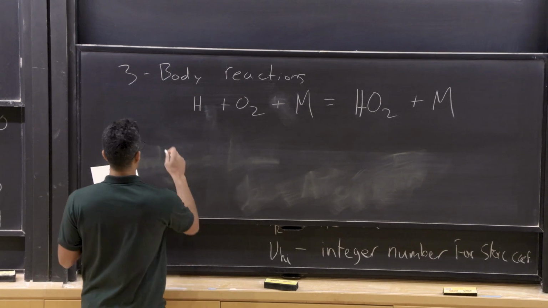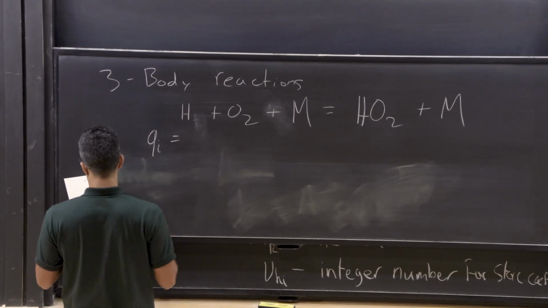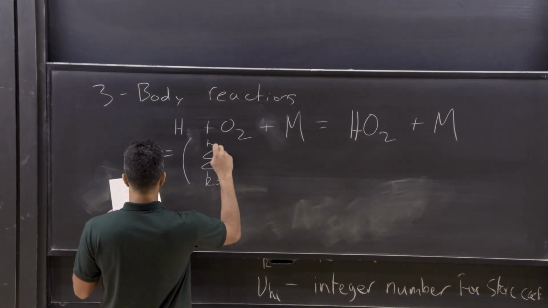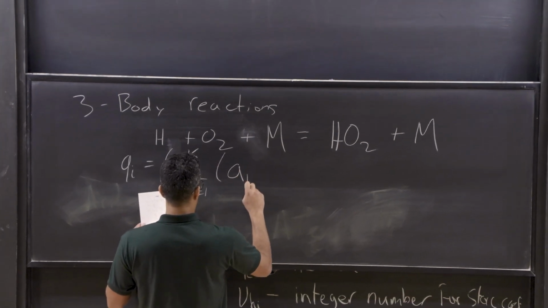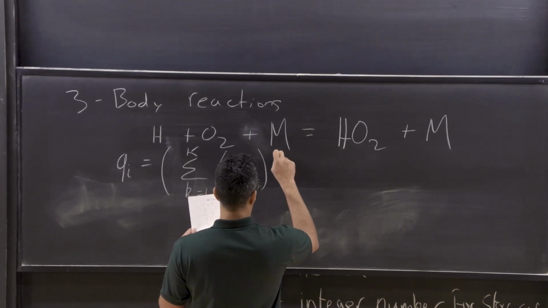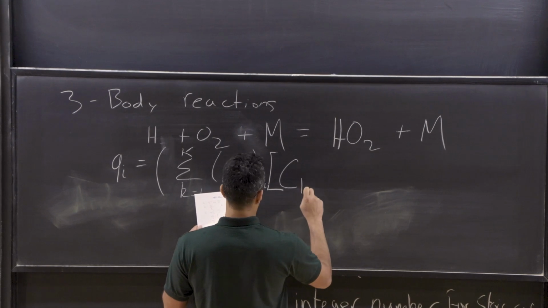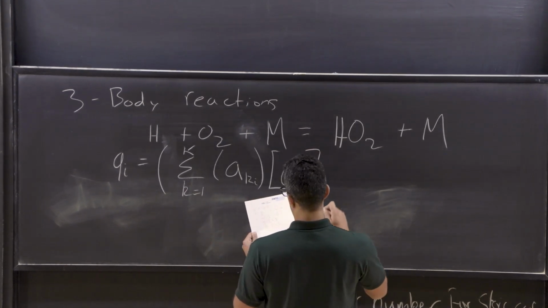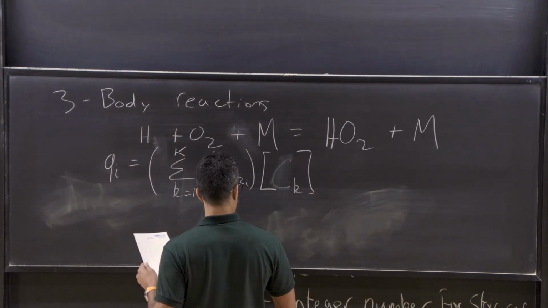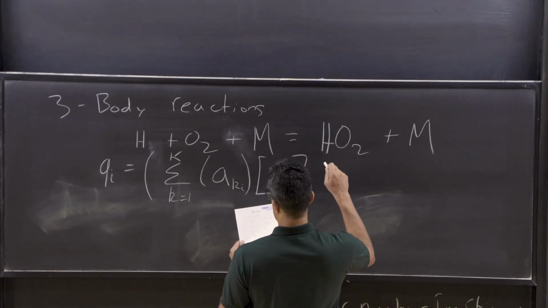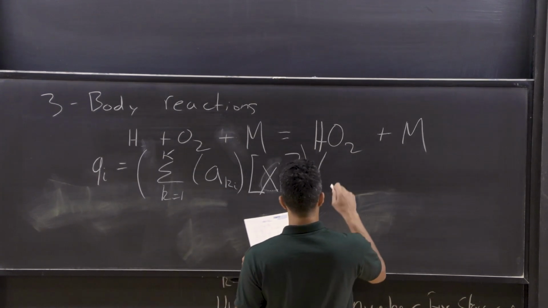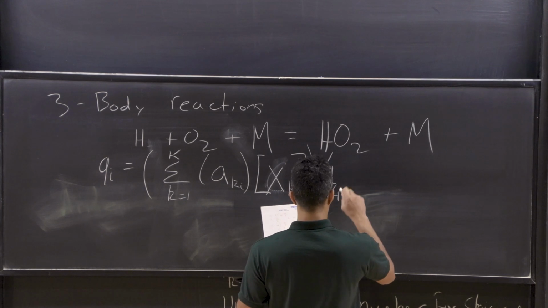The reaction progress Q now becomes a function of, for every reaction K, AKI, which is a factor which tells us how dependent a reaction is on the pressure, and the concentration of the species.